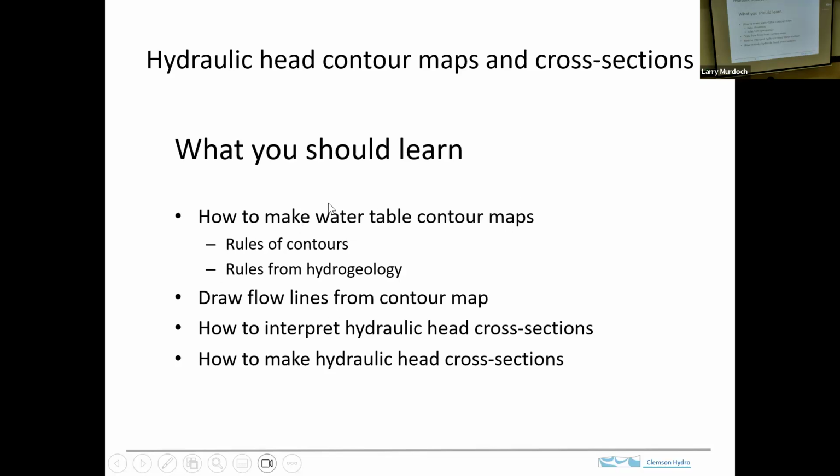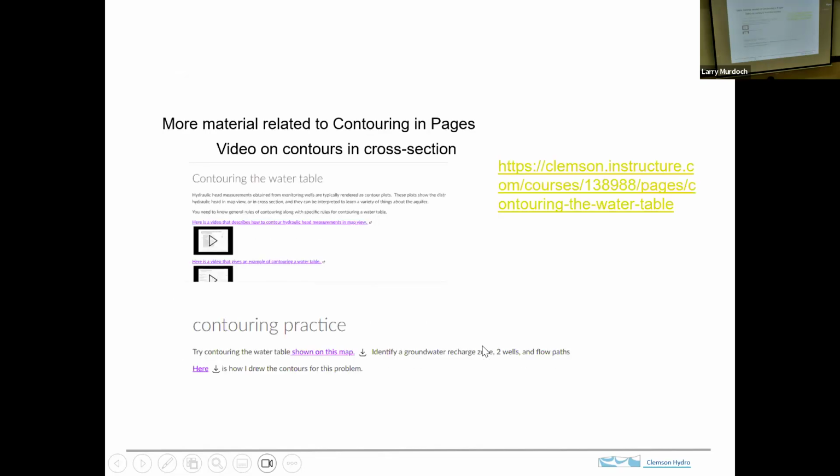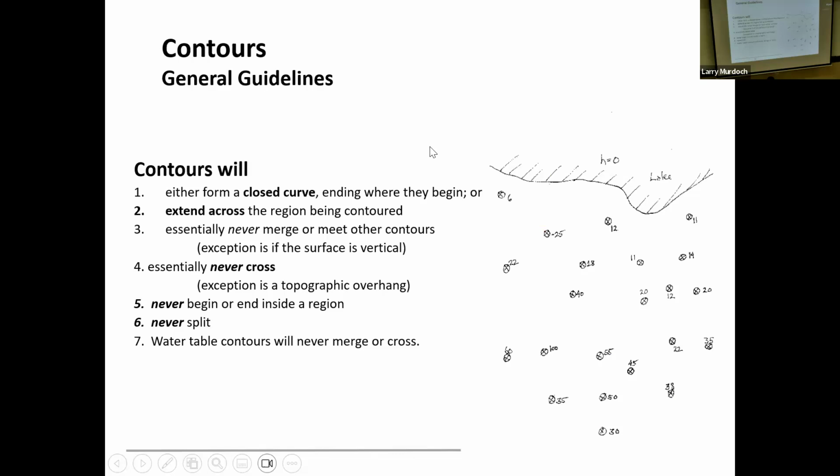We'll work on the maps, and then we'll also take a look at how to interpret hydraulic head cross section. So I wanted to point out that there are some supplemental materials on Canvas. There are pages in Canvas where there's some links to videos and other help for contouring the water table and practice contouring. So check that out if you're interested.